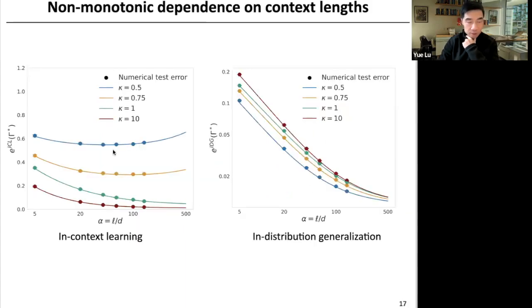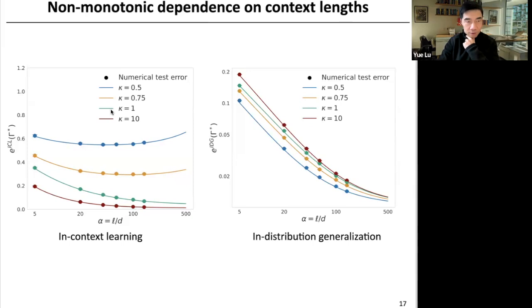Some further experiments show that this generalization error is also not monotonic. There is this interesting phenomenon: when we change the context length, previously we thought the behavior should be monotonic, because the longer the context length, the easier the problem is, and the lower the generalization error should be.